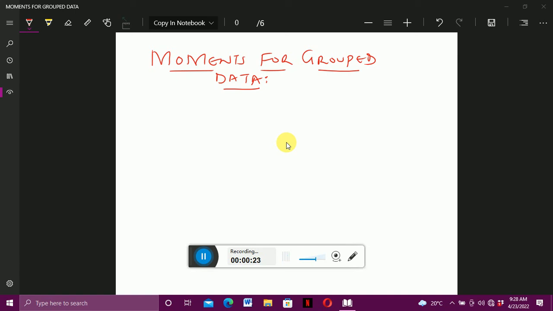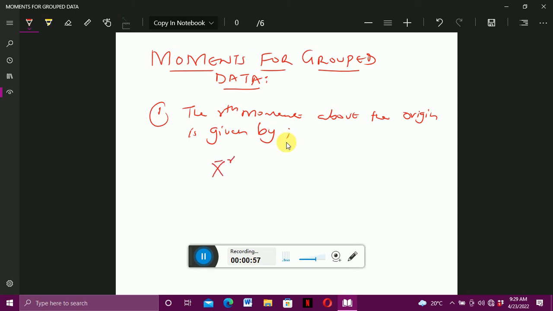So we start by saying that for grouped data, number one, the rth moment about the origin is given by x bar r is f1 x1 raised to power r plus f2 x2 raised to power r plus all the way to plus fn xn raised to power r.